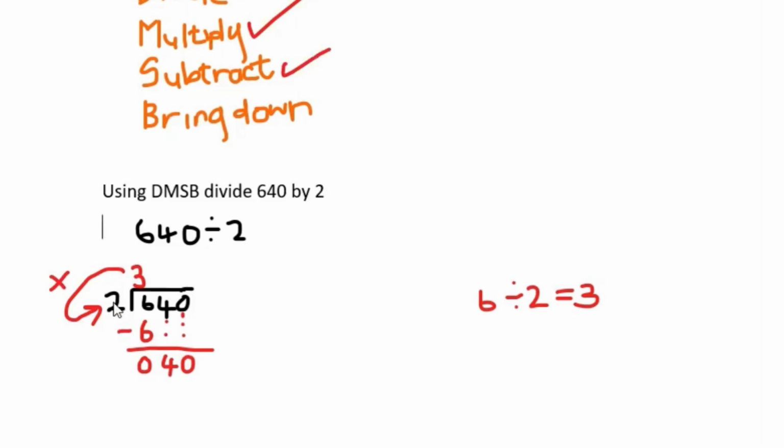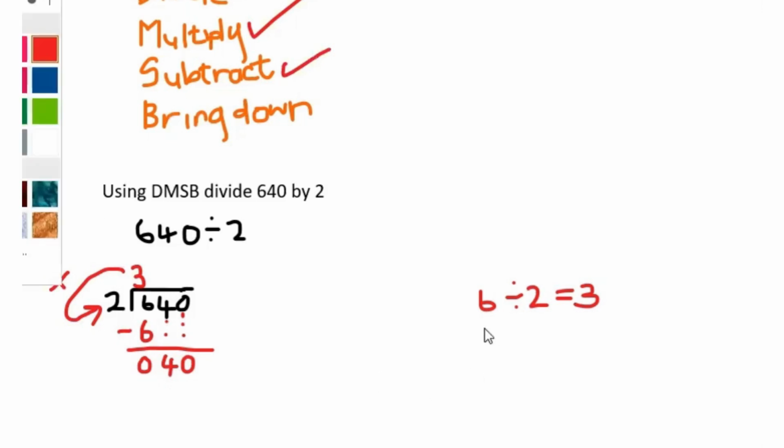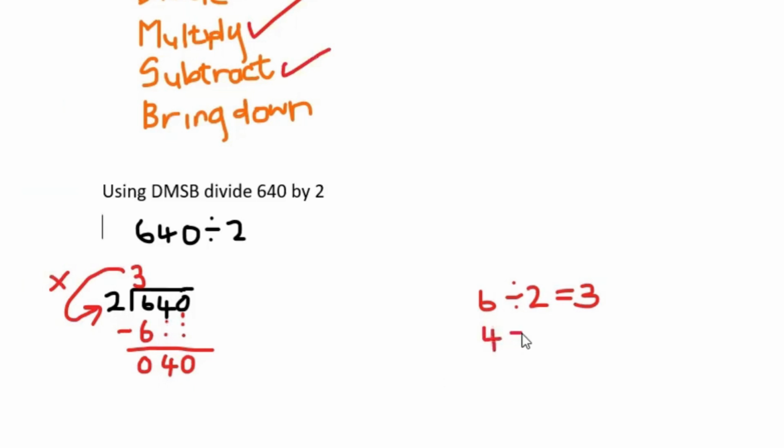Can 2 go into 4? Yes, it can. How many times does 2 go into 4, Fariso? 4 divided by 2. We're dividing this 4 by that 2 that is outside, and the answer is 2.